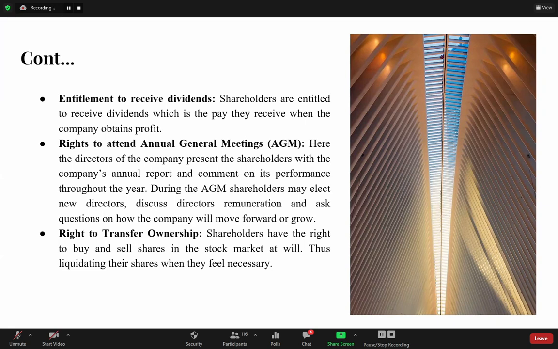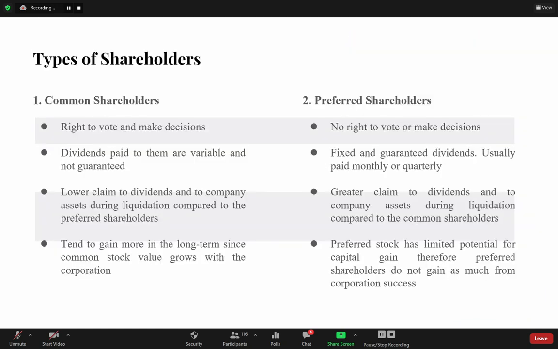Through this meeting, shareholders may elect new directors, ask questions on how the company will move forward or grow, and also have the right to transfer ownership, which means they can sell or buy their shares in the stock market. That's it. Next, we present the types of shareholders.